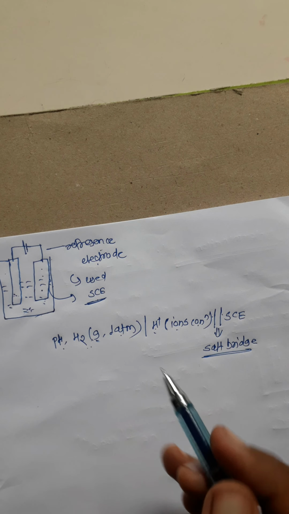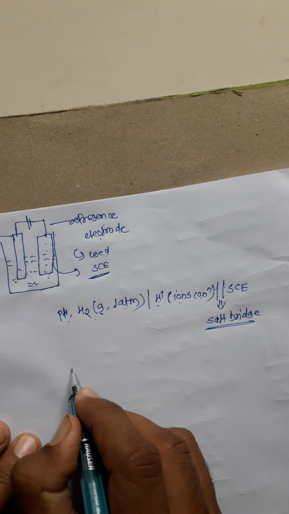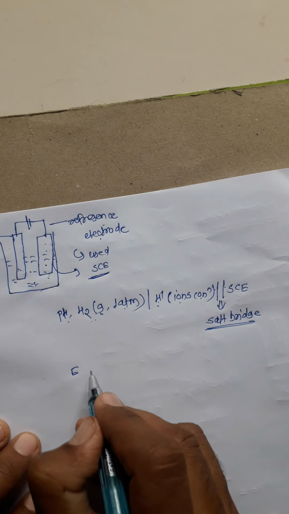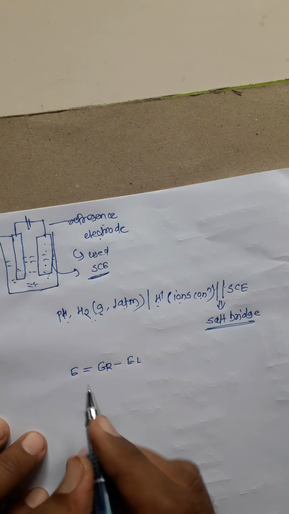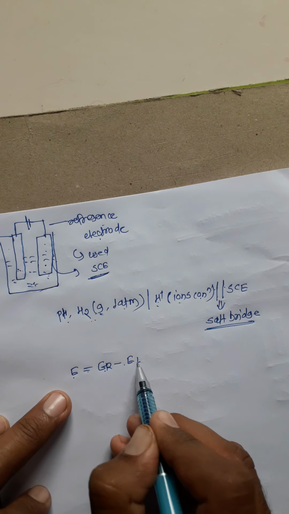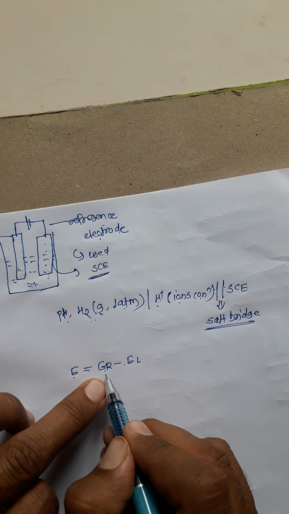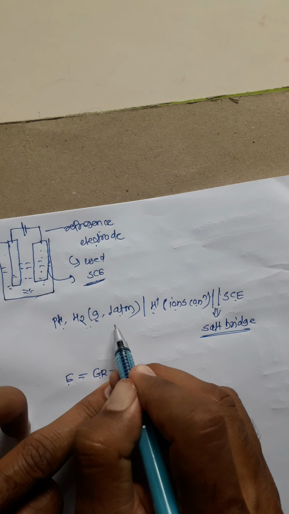Then how do we calculate the EMF of the hydrogen electrode? See here, E is equal to ER minus EL. The EMF of the cell is equal to ER minus EL, where ER means EMF of the right side and EL means EMF of the left side.